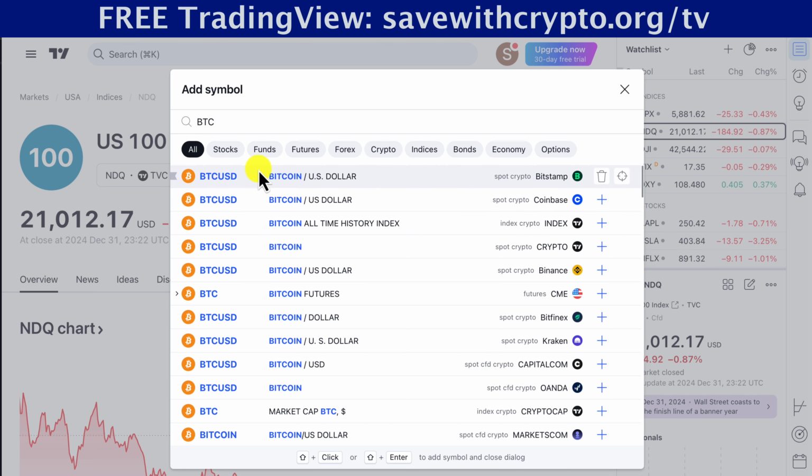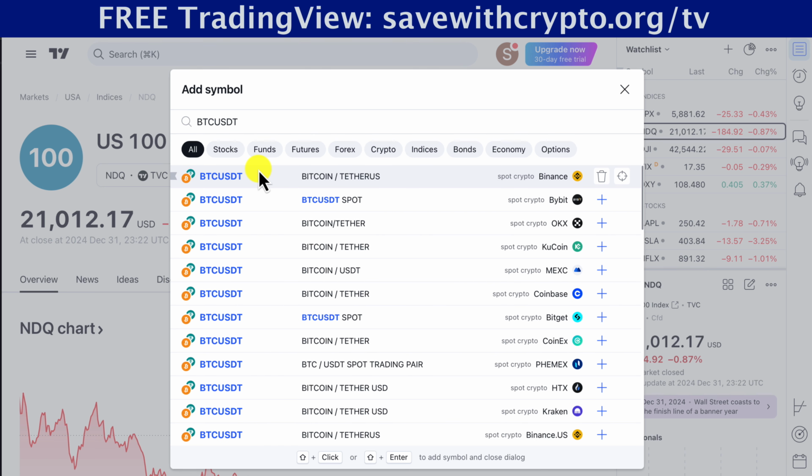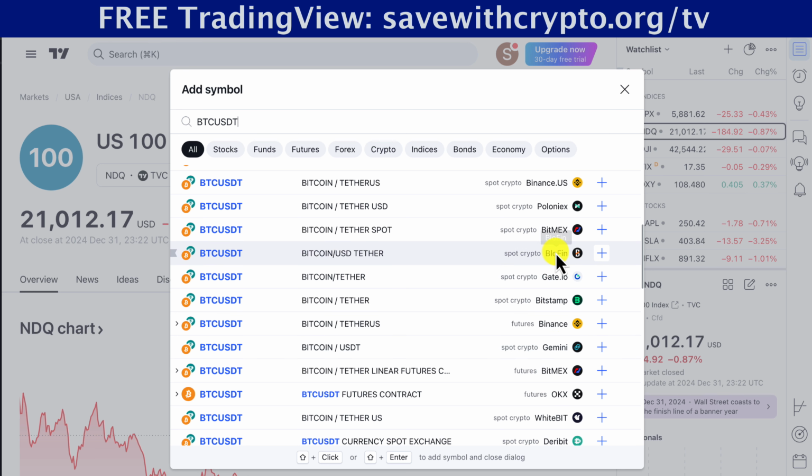USDT is Tether, and sometimes you see that on exchanges as well, where you're trading with USDT. In this case, I'm probably going to be trading with USDT today, so I'm going to look for Bitcoin USDT, and I'm going to be using the exchange called Blofin, which is this one here.